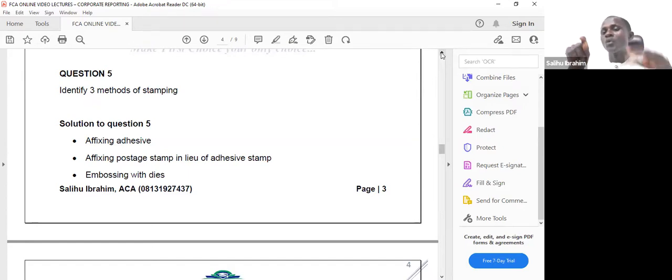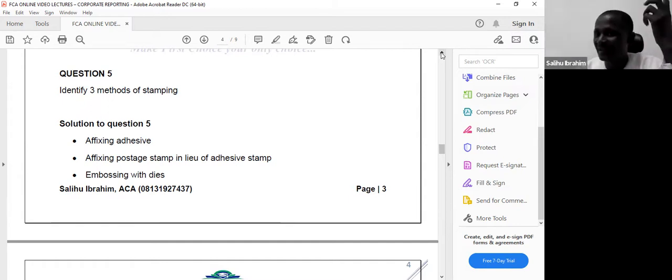So if you want to use it on your audit opinion page, you have to pick that paper, put gum on the surface, then put it on the opinion page of your audit report. So that's what we call affixing adhesive. You are using gum to bind the paper to the document. That's one way of stamping an instrument.